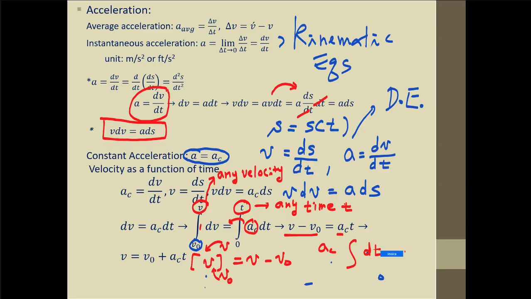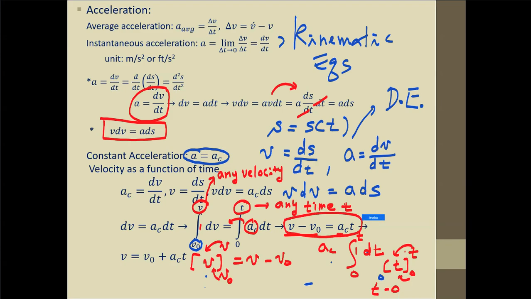Then the integrand again is 1 from 0 to any time t. The antiderivative of 1 with respect to t is t. Lower limit 0, upper limit t. Plug in t, plug in 0. t minus 0 is t. That's why we have this.